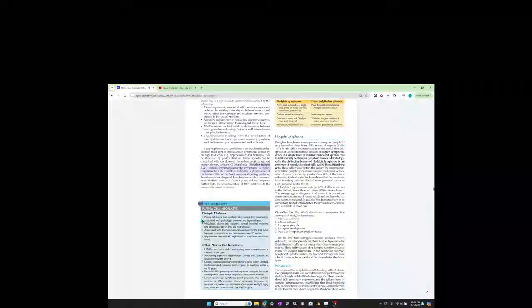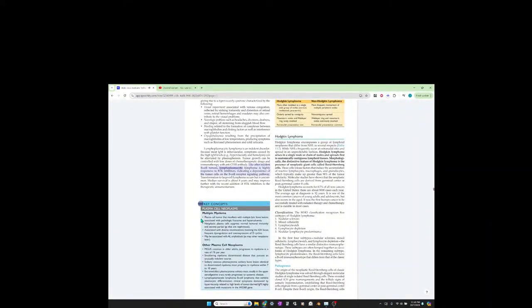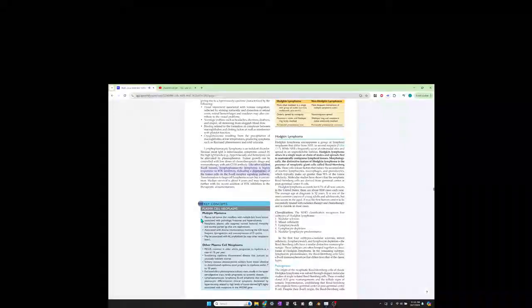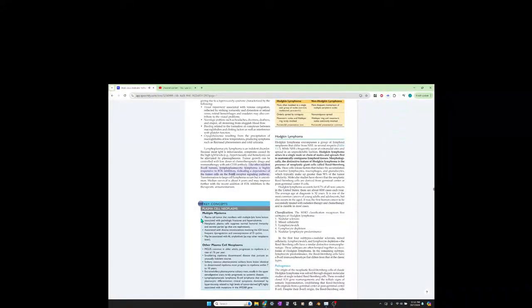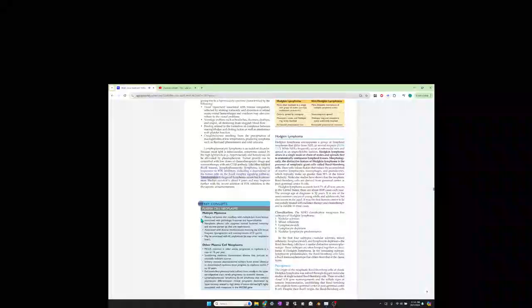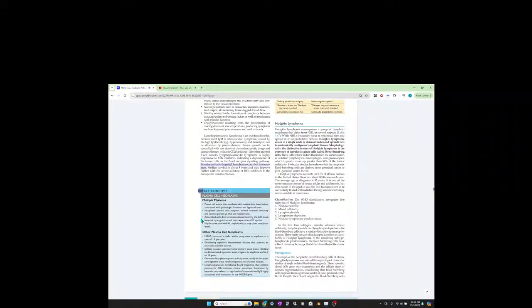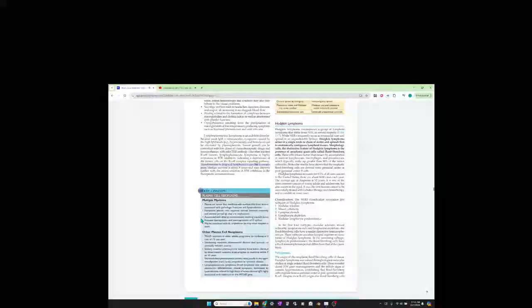Like other indolent B-cell tumors, lymphoplasmacytic lymphoma is highly responsive to BTK inhibitors, indicating a dependence of the tumor cells on the B-cell receptor signaling pathway. Transformation to large cell lymphoma occurs, but is uncommon. Median survival is about 8 years and may improve further with the recent addition of BTK inhibitors to the therapeutic armamentarium.